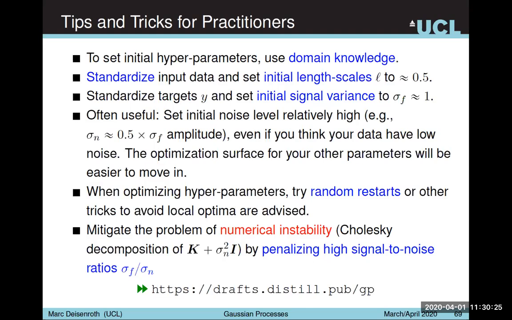If you look at the justification that we give on the website, one way to address this issue is to have an extra penalty term on the signal to noise ratio, which is the amplitude parameter over the standard deviation of the noise. If you penalize this, then you have some sort of regularizer in there, which would otherwise cause the Cholesky decomposition of the K plus sigma n squared I matrix to fail. So these are some tricks that you can use when you implement Gaussian processes from scratch.